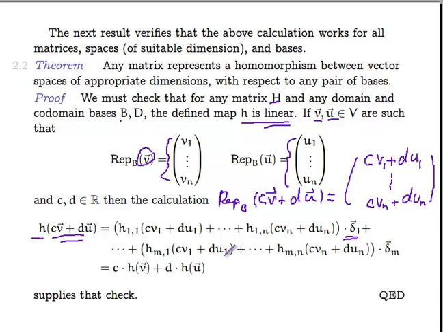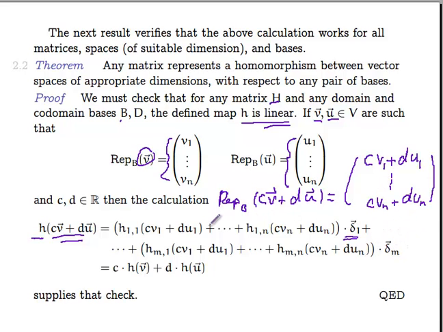And then you're going to have the second row of the matrix times the column vector times the second basis vector all the way up to the mth row of the matrix times the column vector times the mth basis vector.